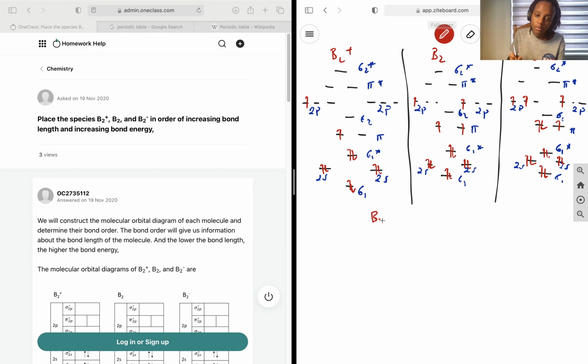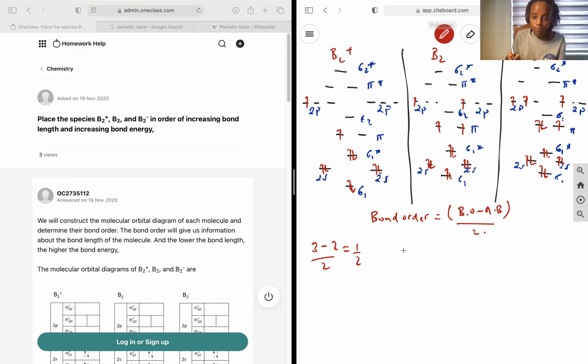And we know bond order is equal to bonding orbitals minus antibonding over 2. So for this one, we have 1, 2, 3. So we're going to have 3 bonding minus 2 antibonding over 2.